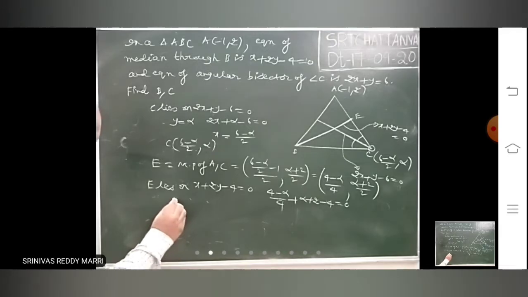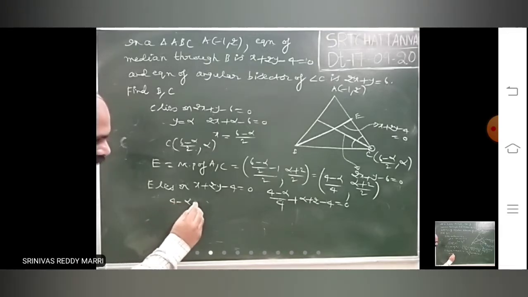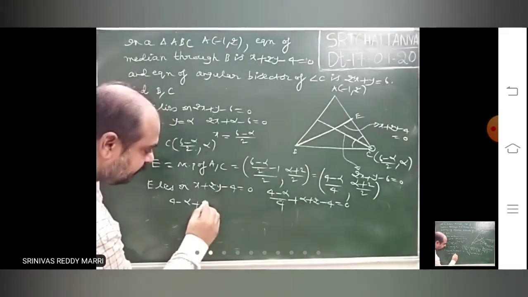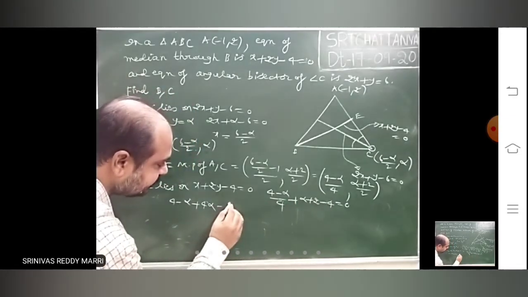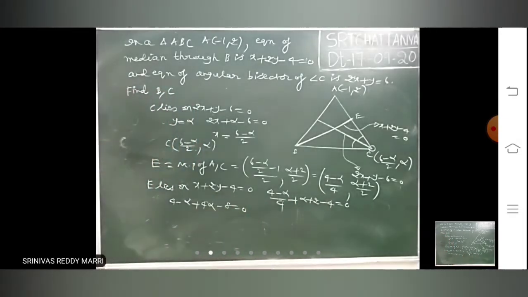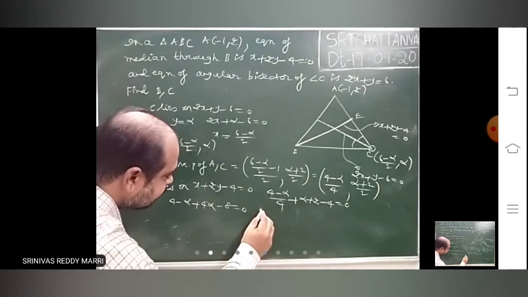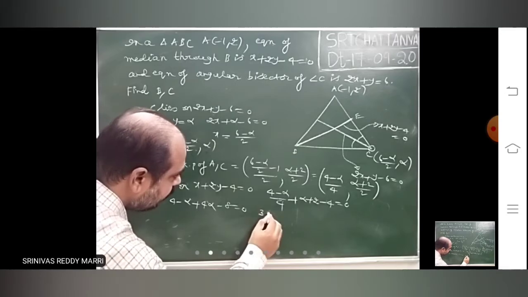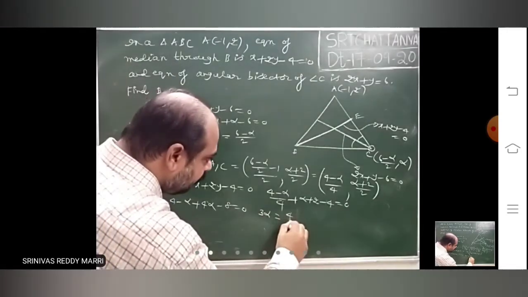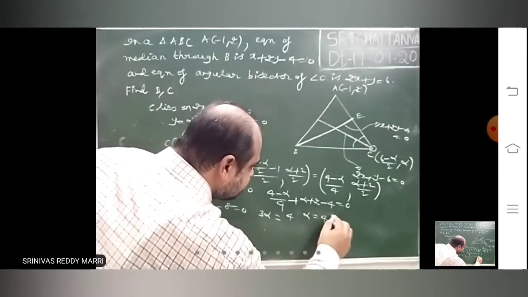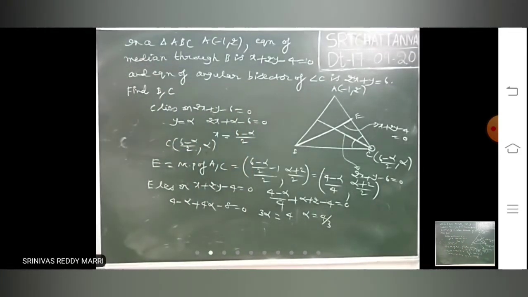That means take the LCM, plus here you will get 4 alpha, here minus 2 is there, minus 8 equal to 0. So you will get 3 alpha equal to 4. That means alpha is nothing but 4 by 3.